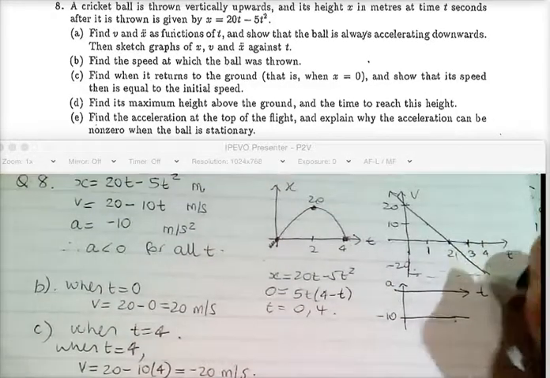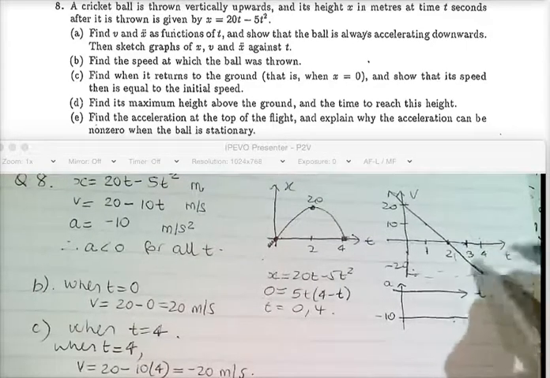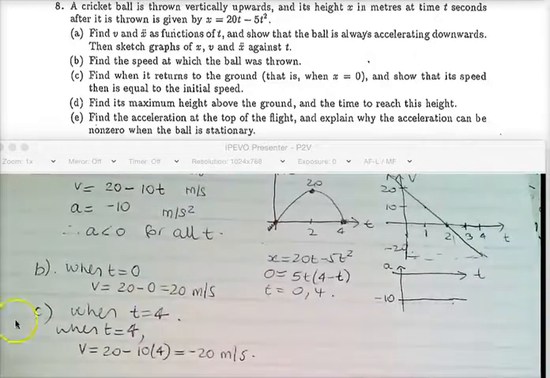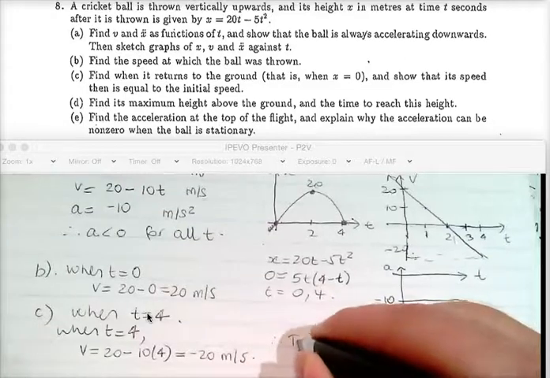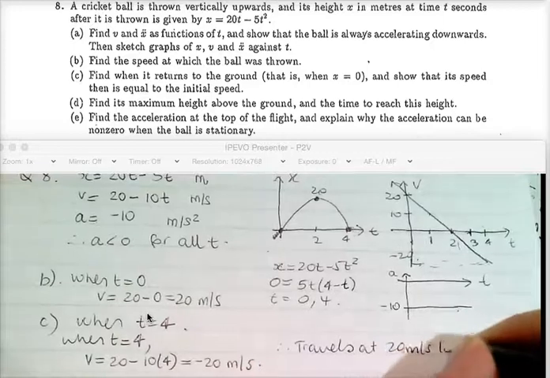So you've got to make sure that your velocity curve is for the duration of the motion of the ball. So therefore it travels at 20 meters per second down.